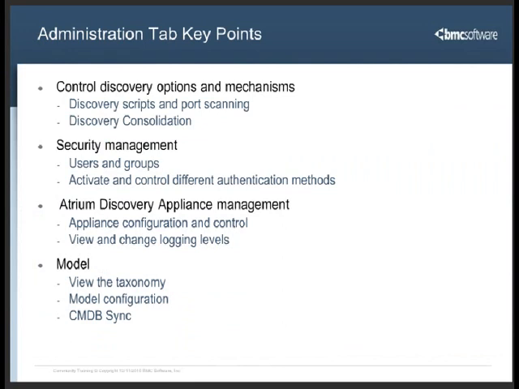You can set up and manage users and groups, or activate and control authentication methods. You can control the Atrium Discovery Appliance, or change the logging levels, or view and manage the logs. You can also view the currently loaded taxonomy, or view model configurations.